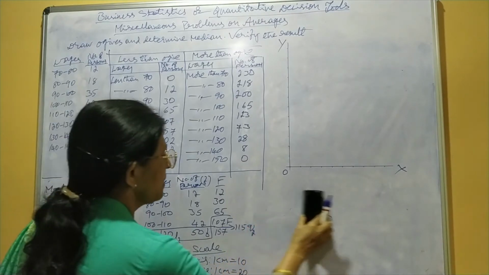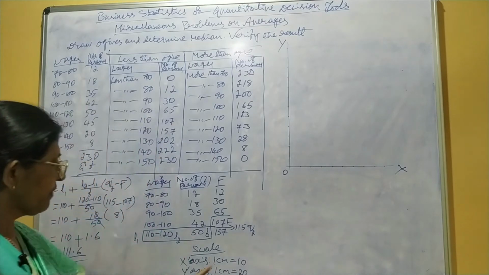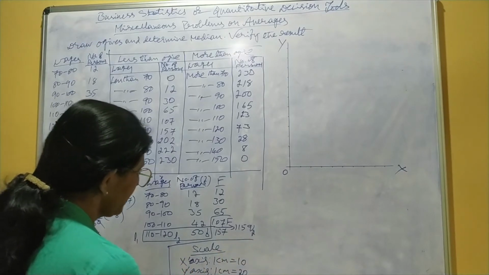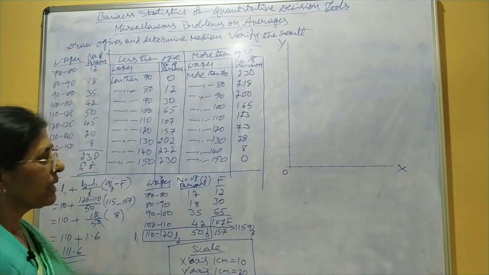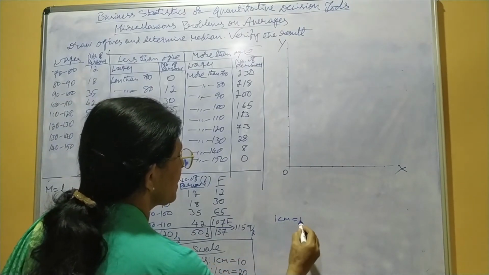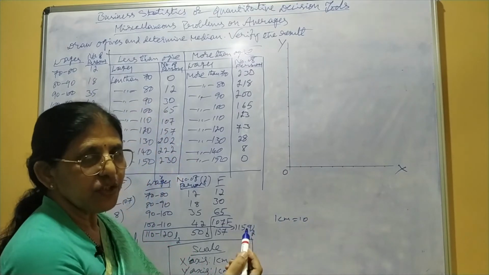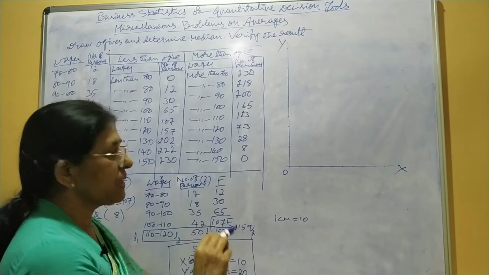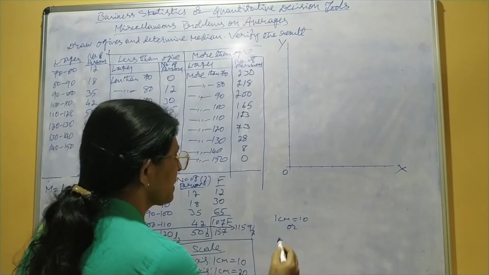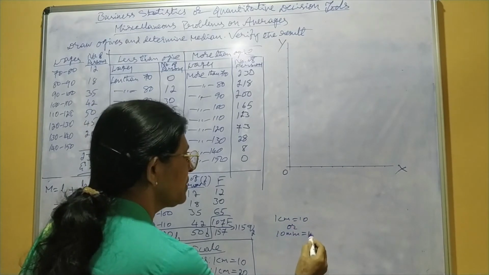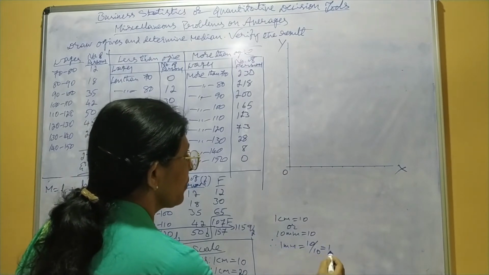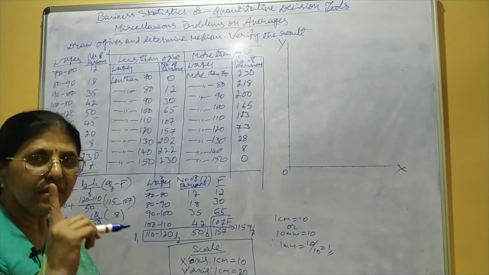And also here you must be knowing, when 1 centimeter is 10, how much does each millimeter measure? In the case of the x-axis, 1 centimeter equals 10. As I have already told you in the previous video, 1 centimeter equals 10 millimeters, isn't it? Therefore, 10 millimeters equals 10, so 1 millimeter equals 10 divided by 10, that is 1. Each millimeter measures 1.